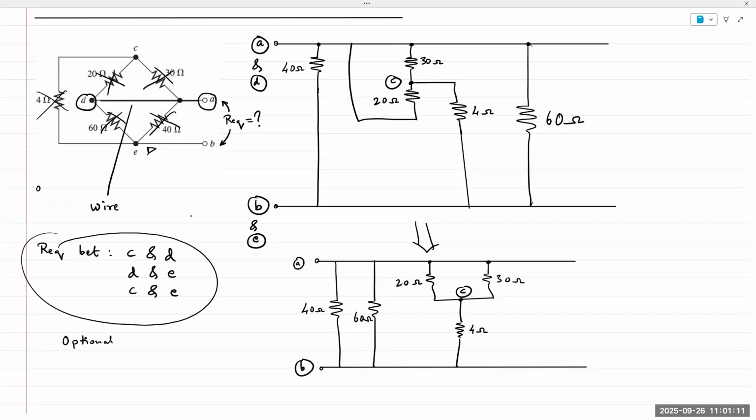And in that case, the two lines would be C and D, or it would be D and E, or it would be C and E. Okay. So basically, those are the lines that are just representing the measurement terminals for REQ. Okay.